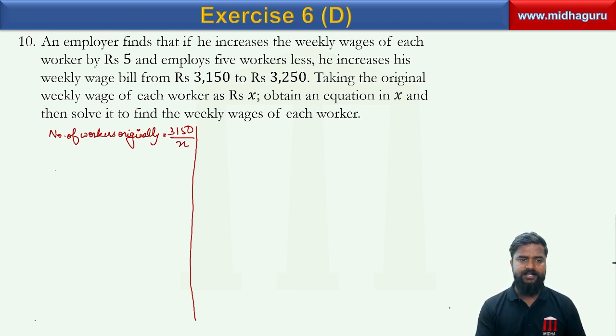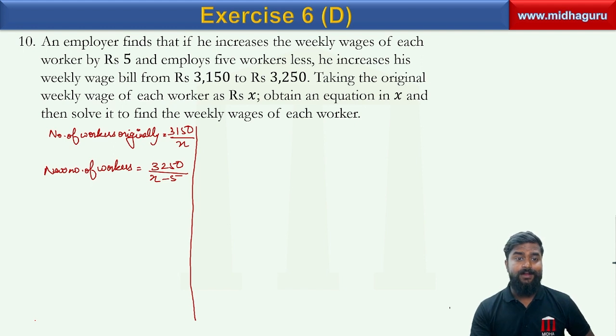Now after the change, the wage was increased by 5, and the new number of workers is 3250 by x minus 5. Now the question says that the weekly wages increased by 5. Sorry, I wrote x minus 5. This is x plus 5.